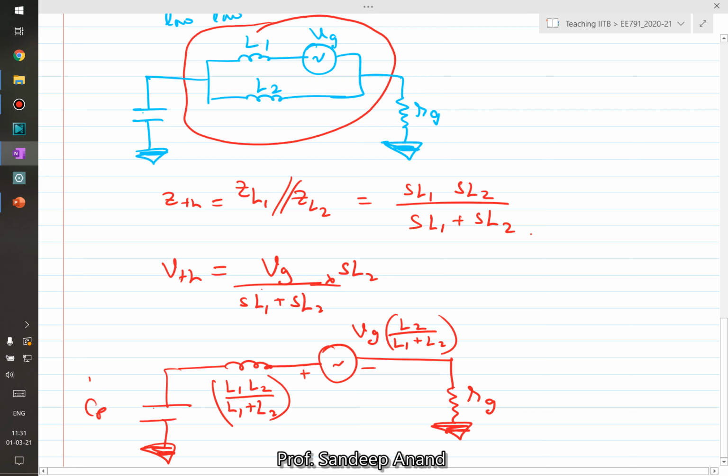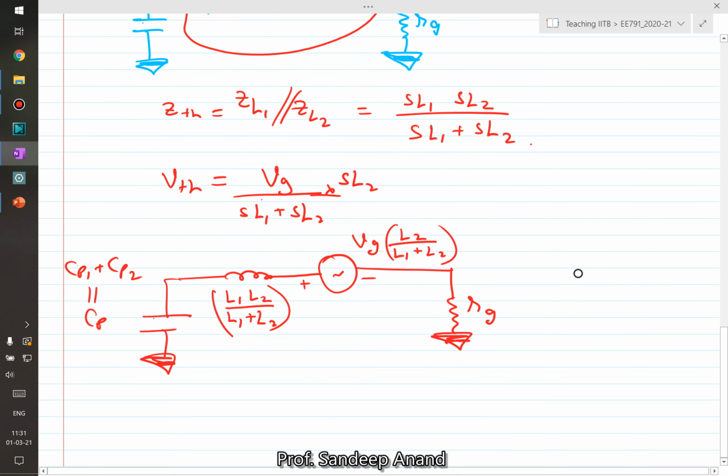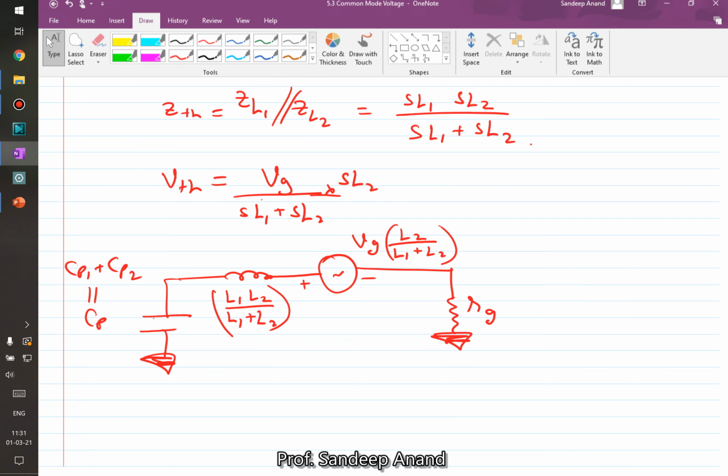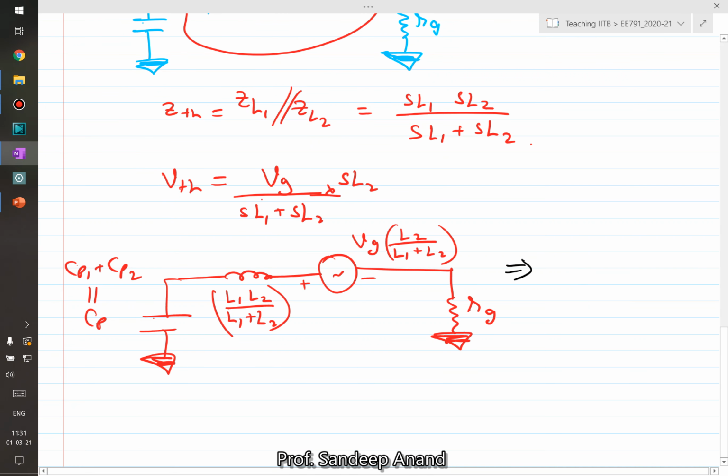Let me just say it's Cp, which is the combination of the total capacitance because of all the panels, right? So what is this circuit? This circuit, we can call it a common mode equivalent circuit. Why so?